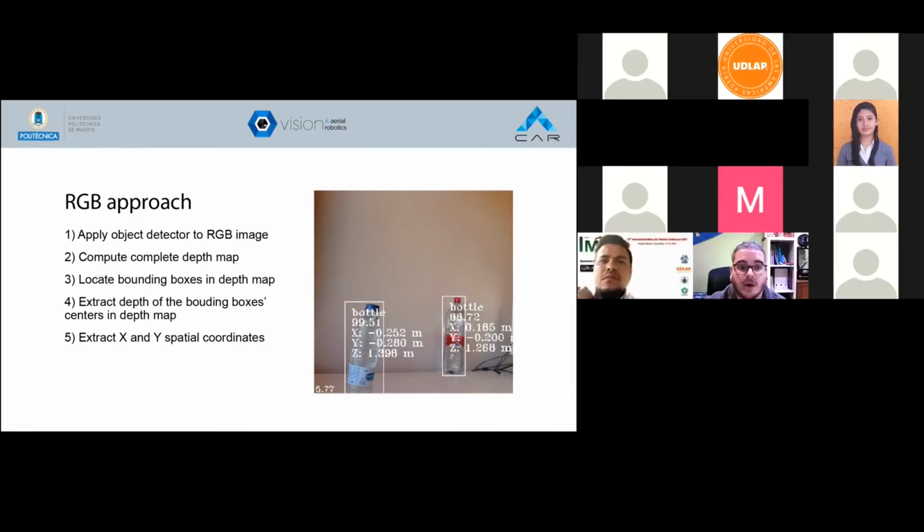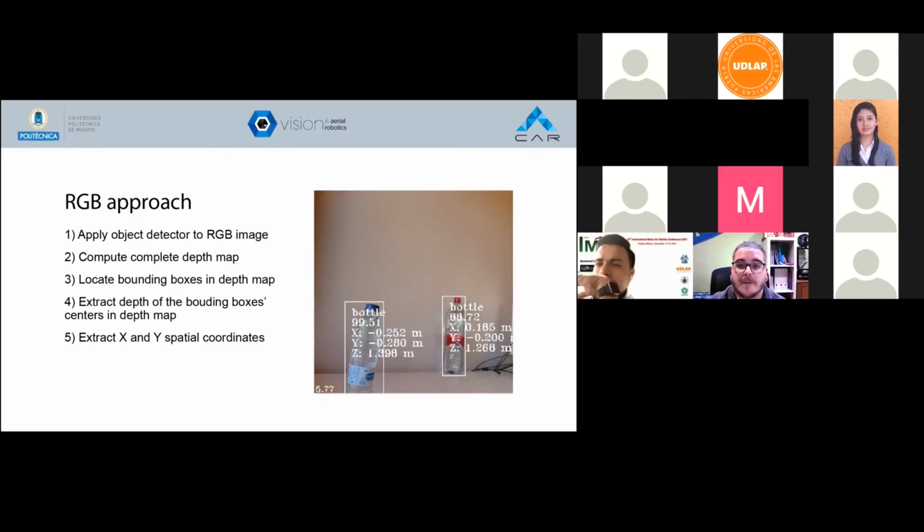Then the whole depth map of the image is calculated. Then the bounding boxes previously detected by the object detector are located in the depth map. And finally, the depth of the center of the bounding box is extracted, and the X and Y coordinates are calculated from that depth. This approach has two major problems.